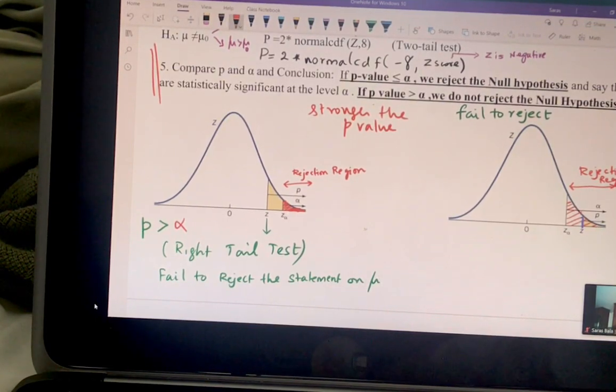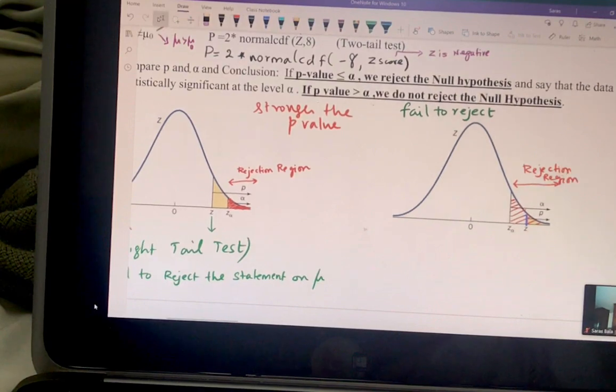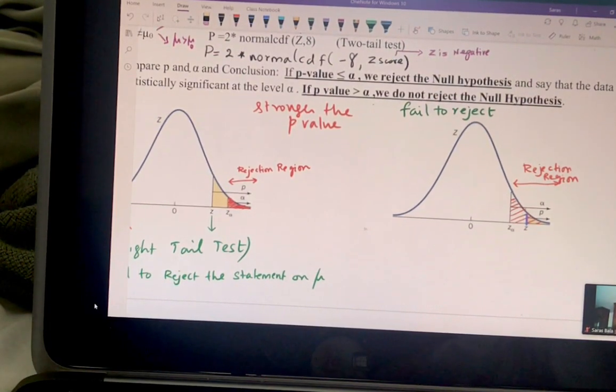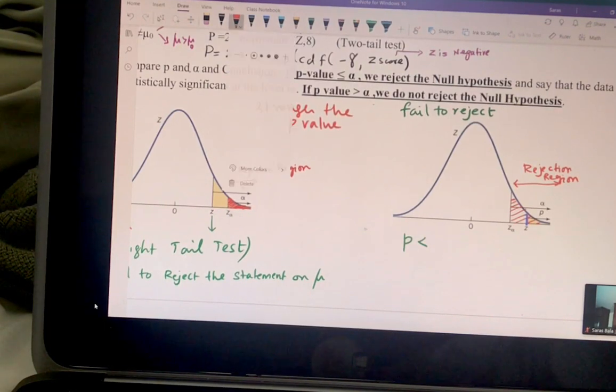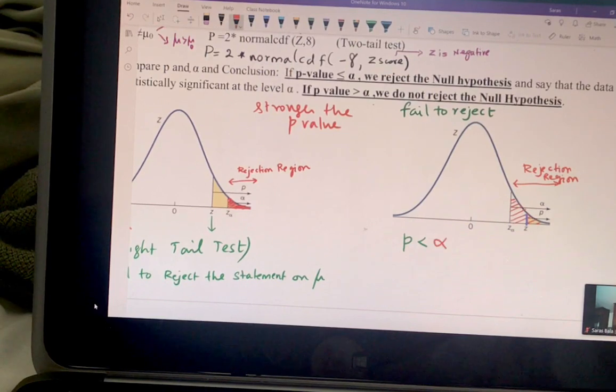So here your p-value, the probability value, is less than alpha. It's less than alpha. Right.